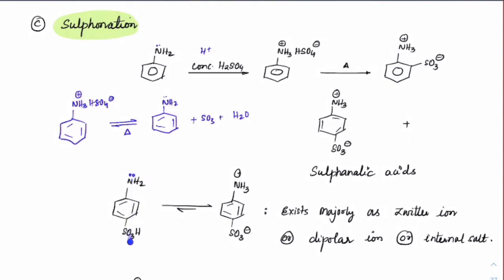So internally, an acid-base reaction can take place, and it will exist as NH3 plus and SO3 minus, which is what we call a Zwitter ion. So within the molecule, it will exist as a Zwitter ion, or dipolar ion, or internal salt. Therefore, all sulfanilic acids usually exist as Zwitter ions. So that is the sulfonation which you will see.